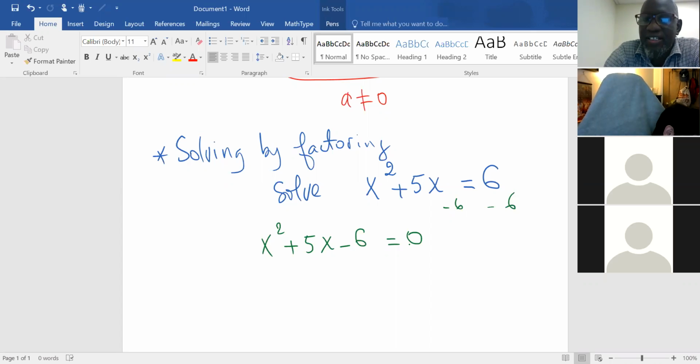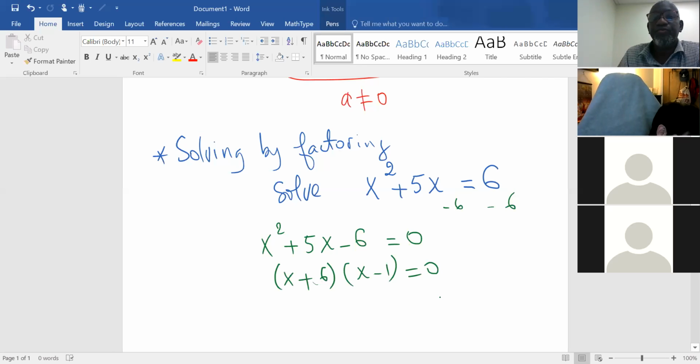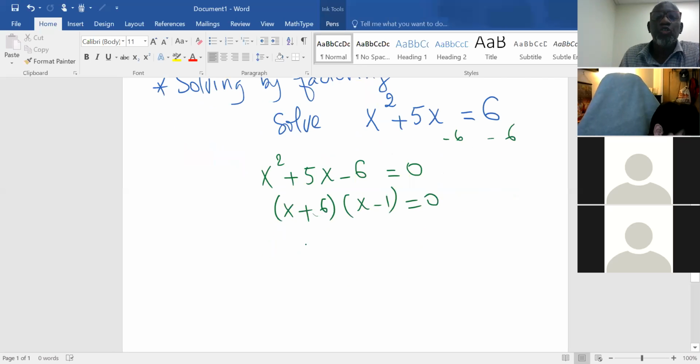Everybody in this class, remember that method, please? If you don't remember it, you have to tell me. So this is (x plus 6)(x minus 1) equals 0. Then we set each parenthesis to 0, because now we have 0 on one side. So x plus 6 equals 0, or x minus 1 equals 0.